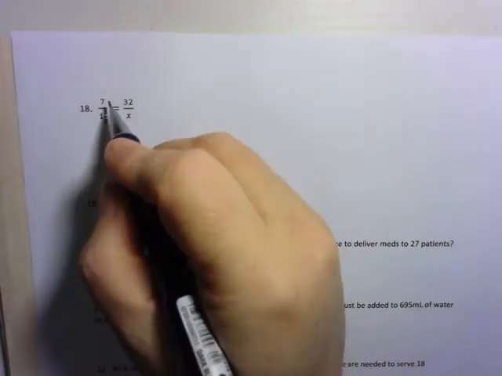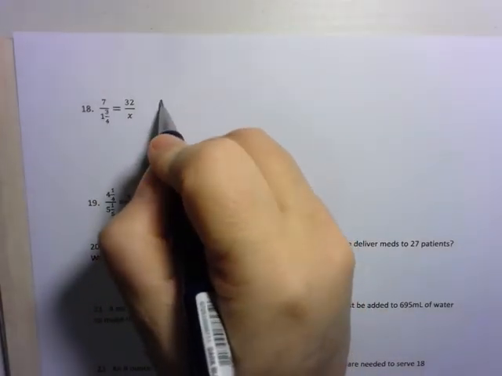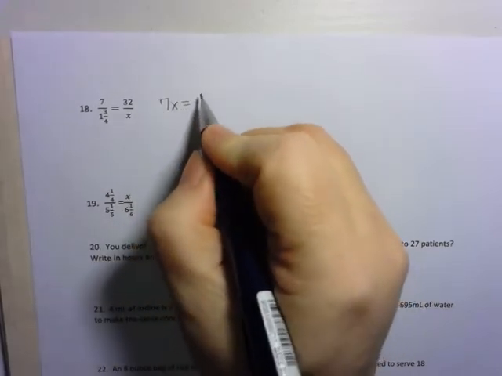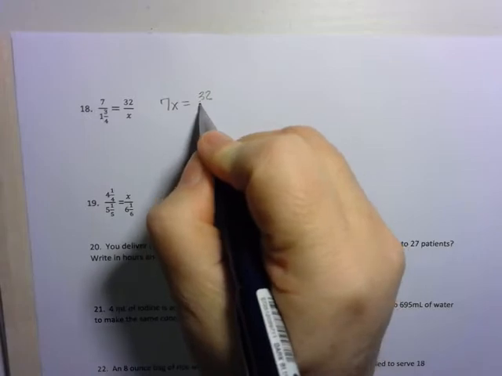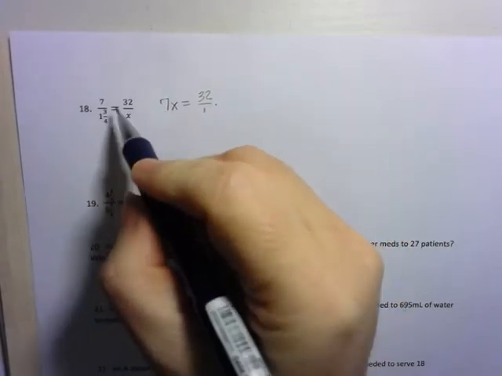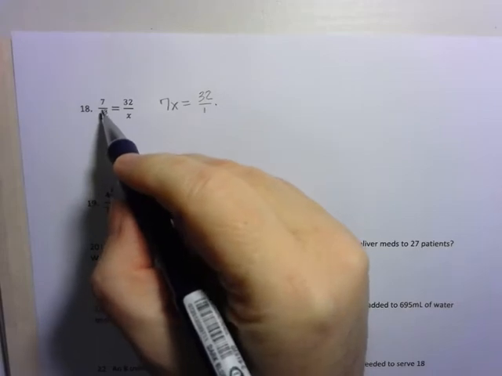So here my cross product, 7x equals, and I'm going to take 32 over 1 times, I'm going to make this an improper fraction, 4, 5, 6, 7.